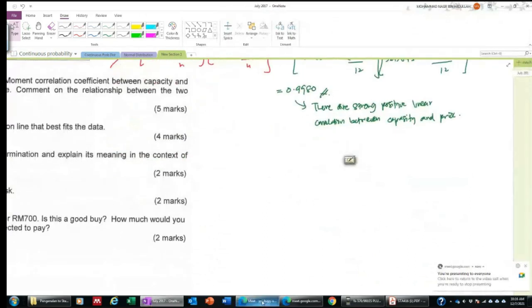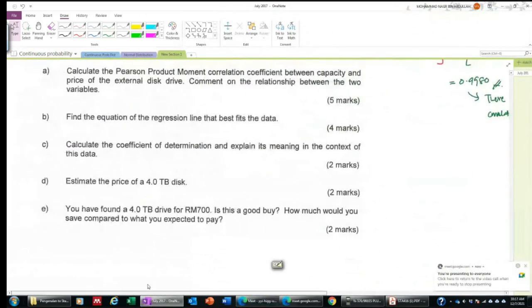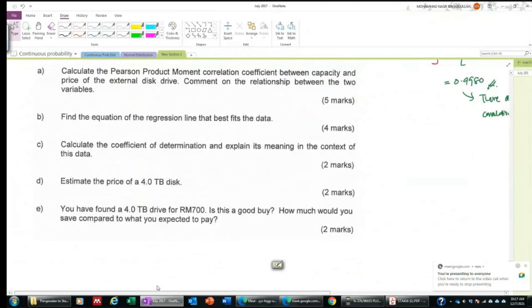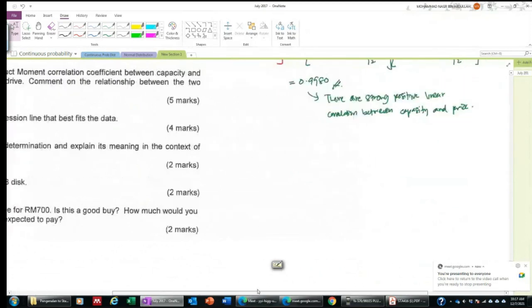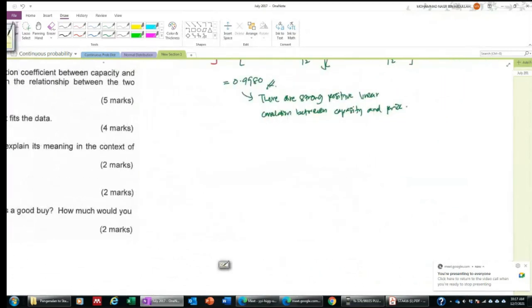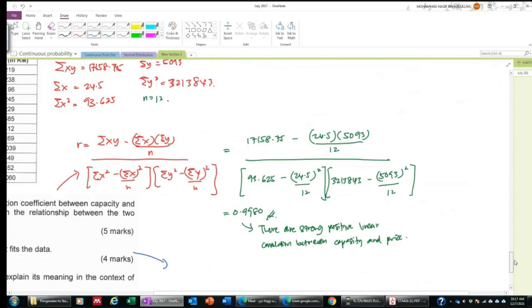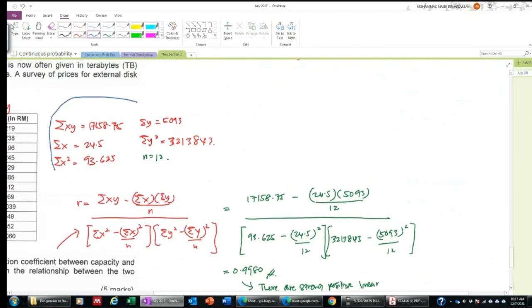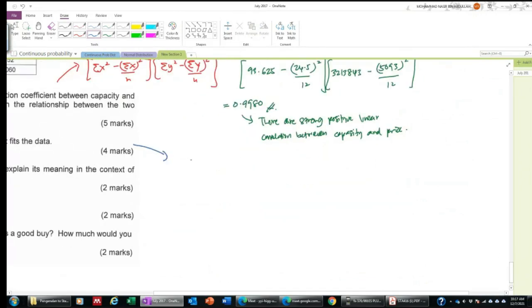So now, number 2, find the equation of the regression line that best fits the data. So this is very simple. Since we already have the values, we need to make sure all the values we have here are correct before we input into our calculator.